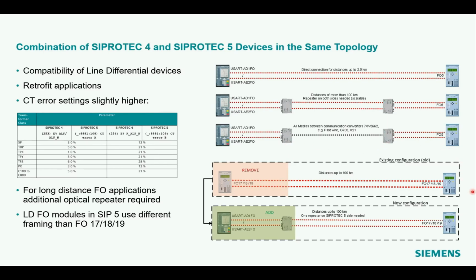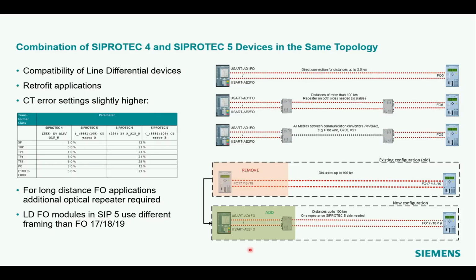Only in case you have a retrofit application where you replace a CProtect 4 device with a CProtect 5 device, and here you are using the FO17, FO18 or FO19 long distance fiber optic modules, you cannot directly connect the CProtect 5 device to the CProtect 4 device, because the framing of the FO17, 18 and 19 modules is different compared to the long distance fiber optic modules on the CProtect 5 series.